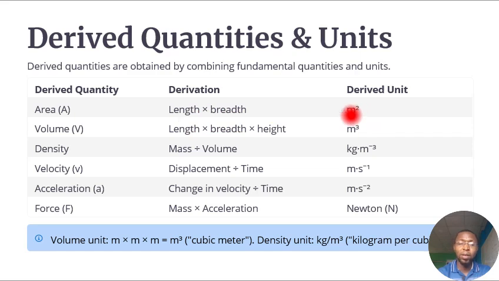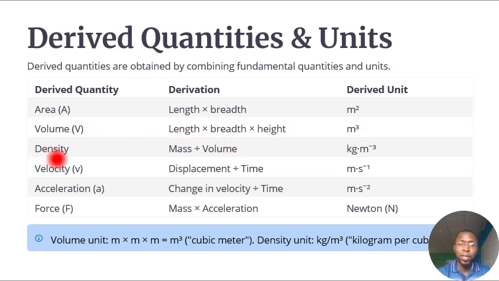Going forward, the next example of a derived quantity is the volume. The volume formula is length times breadth times height. Length is measured in meters, breadth in meters, and height in meters. So if you put their units there, that's meter times meter times meter, which will give you meter cubed as the derived unit. So every derived quantity has its respective derived unit.